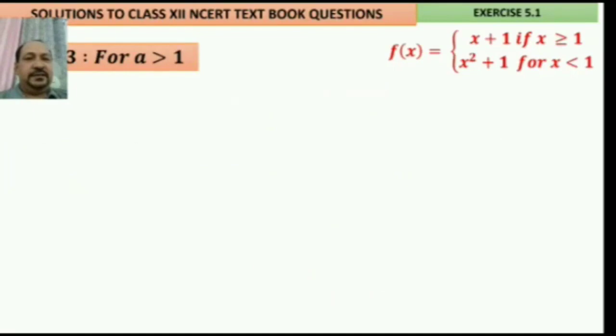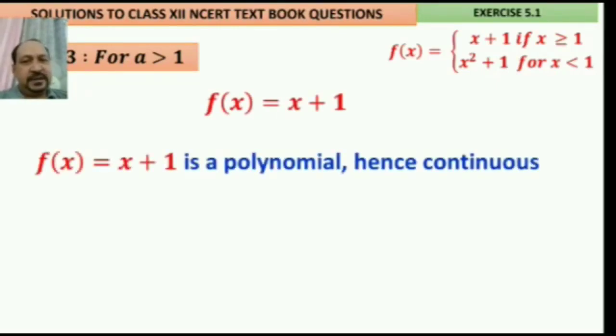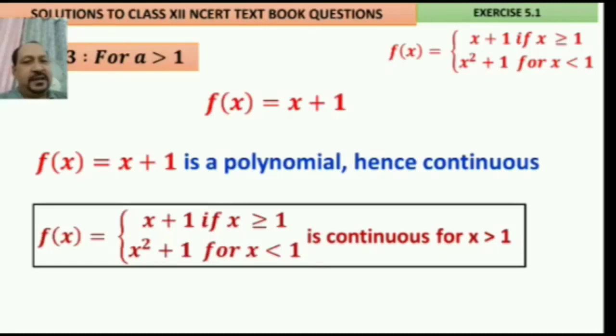For case 3, for a greater than 1, f of x equal to x plus 1, which is a polynomial function, hence it is continuous. So f of x is continuous for x greater than 1.